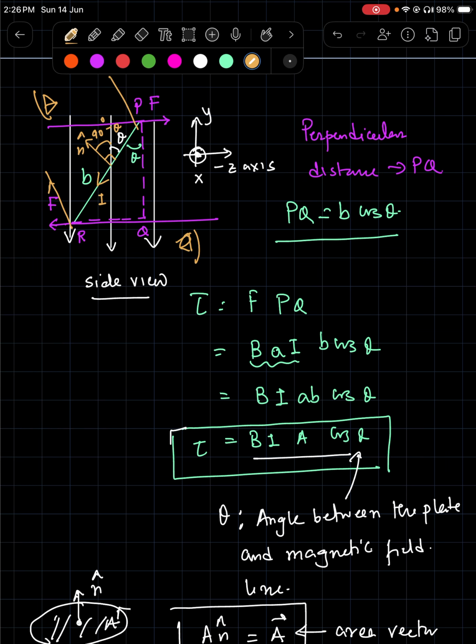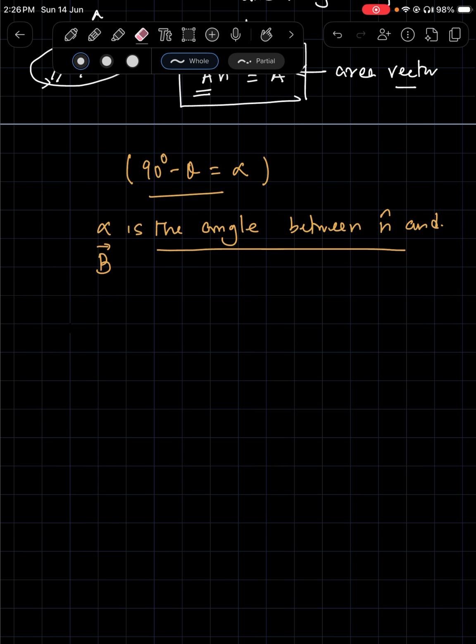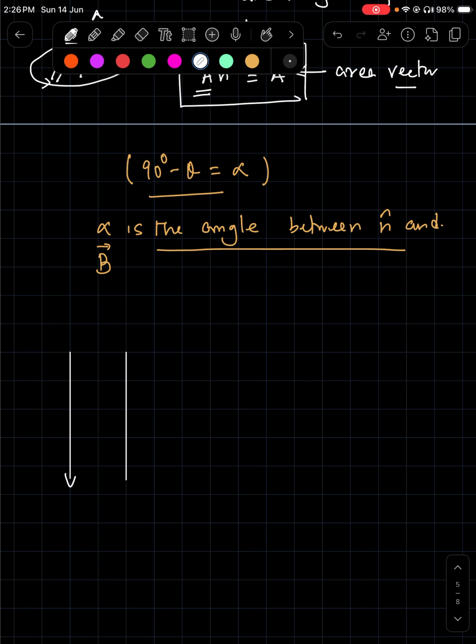Okay. But if you take, I'm going to draw this again here. And this is the plate, say. And you can take the unit vector on this side also.